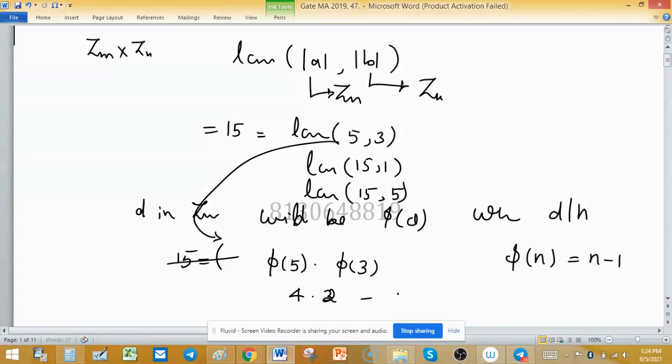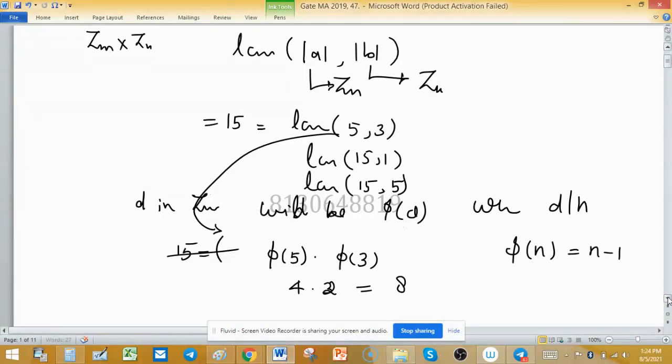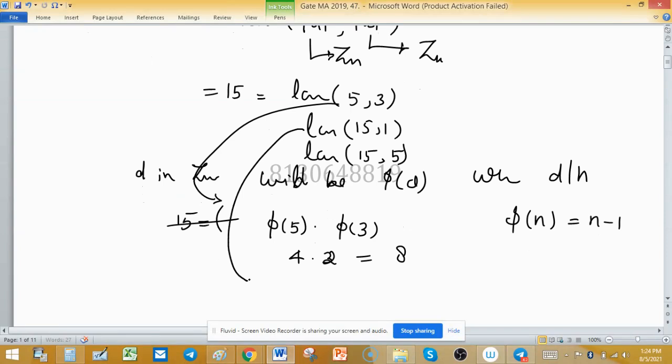So 4 times 2 is 8. So the number of elements may be 8. So these are a few, and another one we can find.